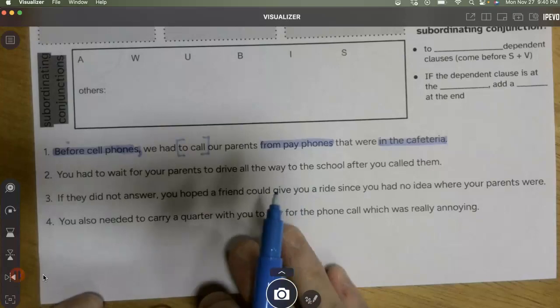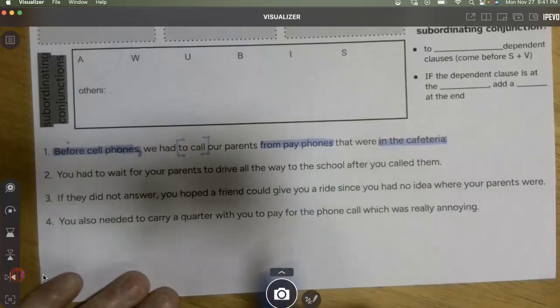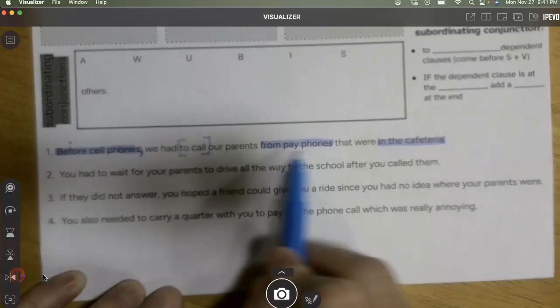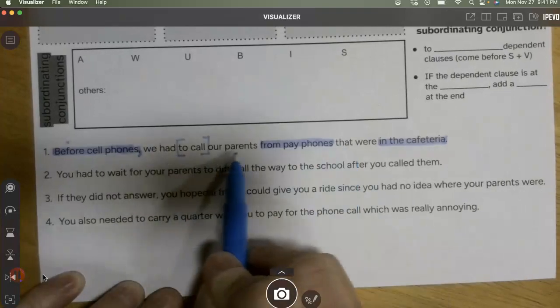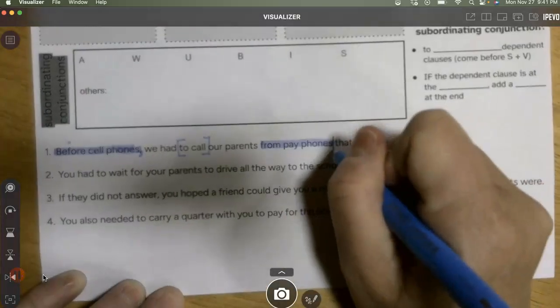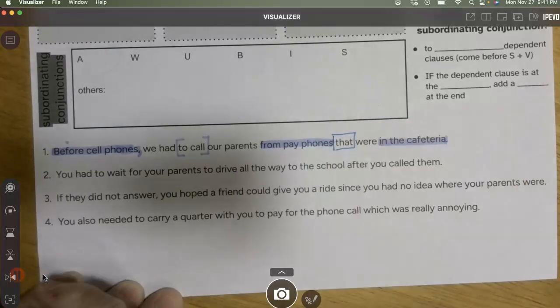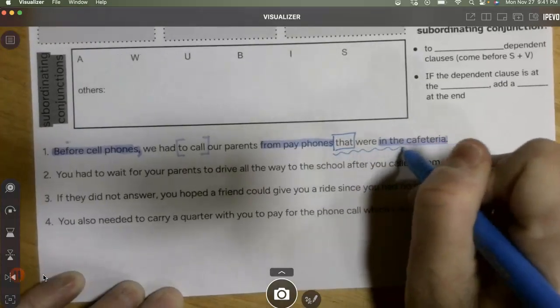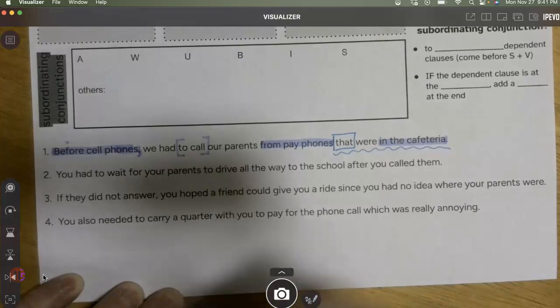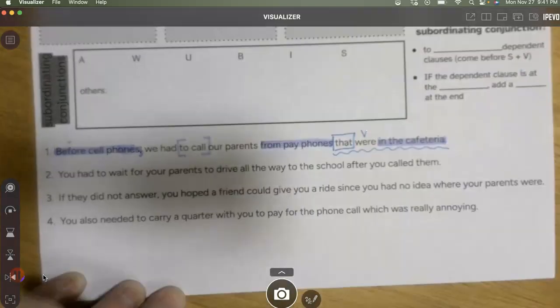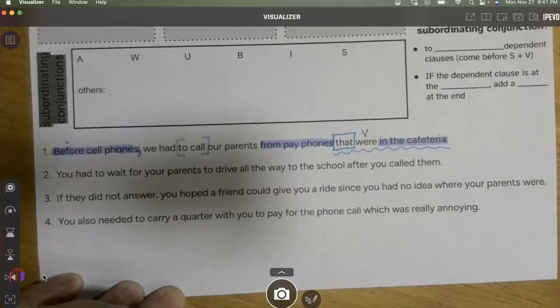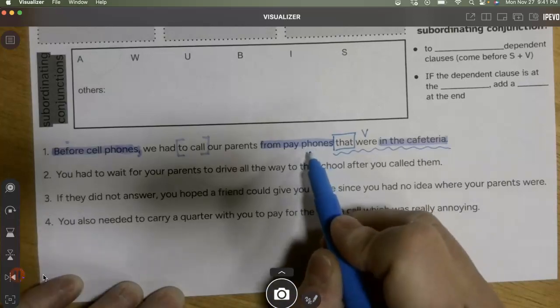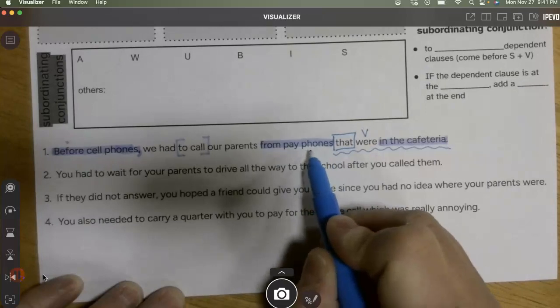All right, so my next step would be to look for any conjunctions to see, do I see a coordinating conjunction or a subordinating conjunction? And I see that. That is a subordinating conjunction. And I'd ask myself that what? That were, or that were in the cafeteria. I know that were is always a verb. So I'd ask myself, well, what were in the cafeteria? And I would think, well, the payphones were, but payphones is not part of that dependent clause.